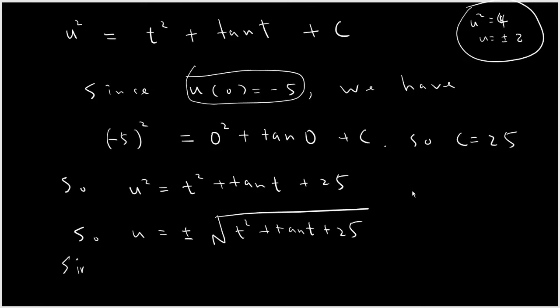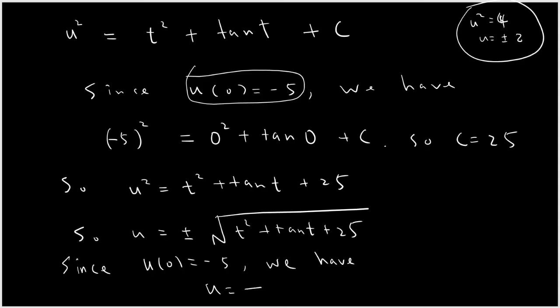In this question, we have used the initial condition twice. Now, initial condition again, u of 0 is equal to -5. The positive sign is gone. U is, you just take the negative sign.